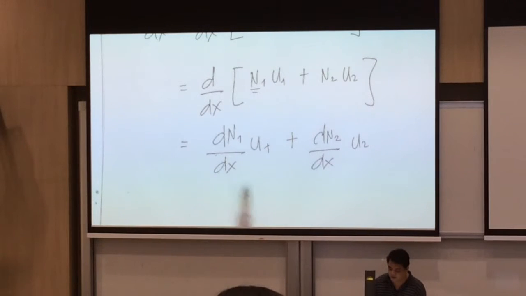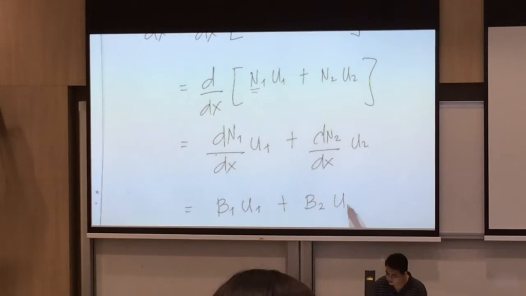And what do we know about dN1 dx? So this one is B1 U1 plus B2 U2. And this one is B transpose UI.